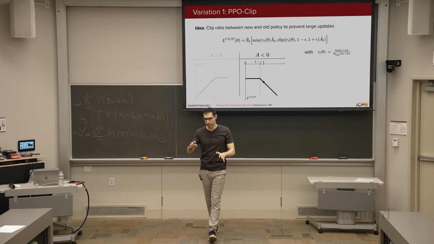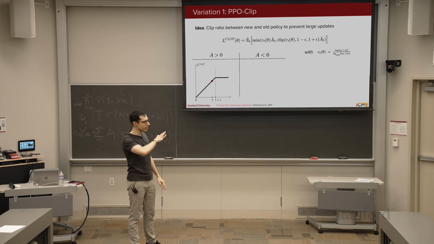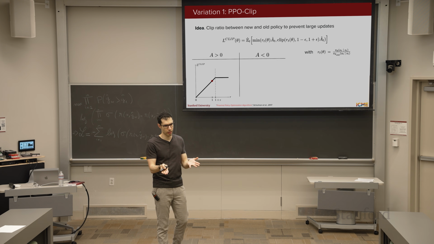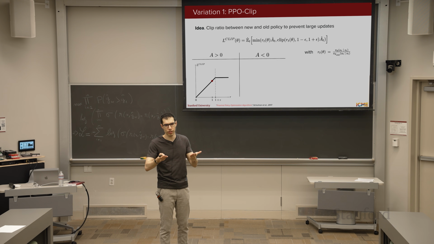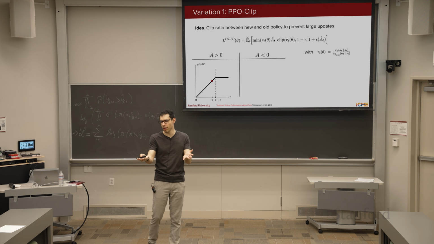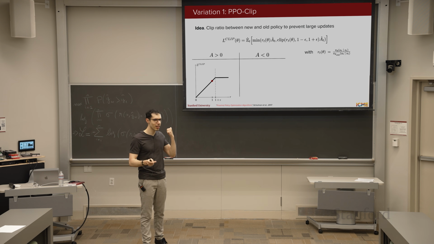So in other words, this super complicated formula can be just intuitively explained with what I just mentioned, which is if you have positive advantages, you want to reinforce the fact of generating this output, because this is something that the model liked. I mean, by model, I mean the reward model.